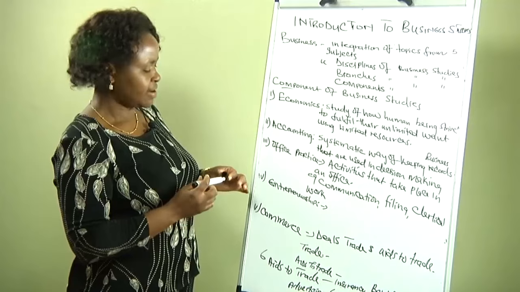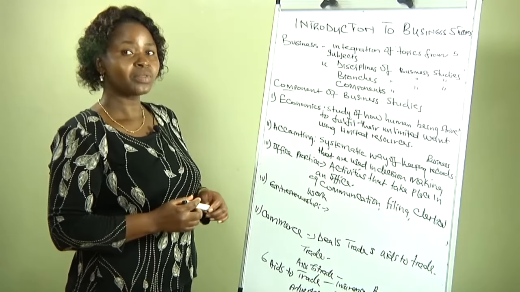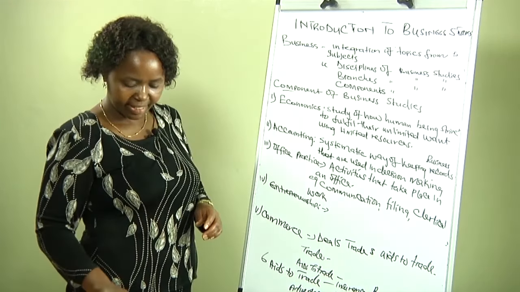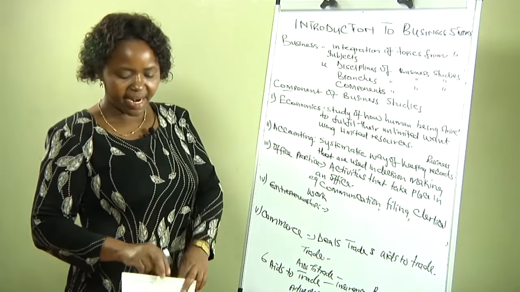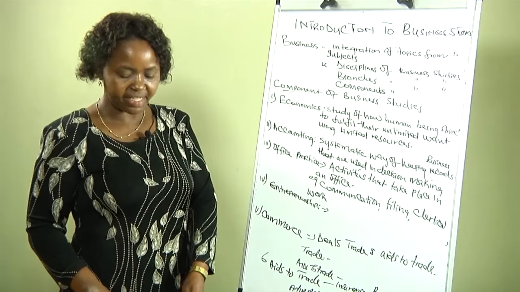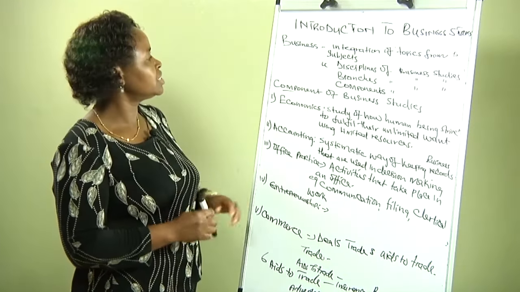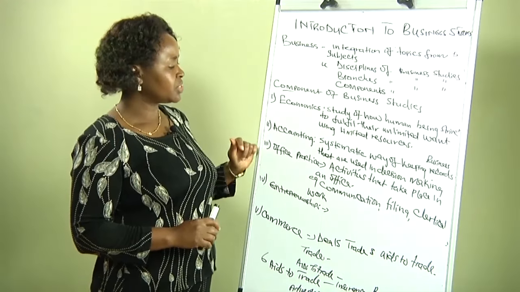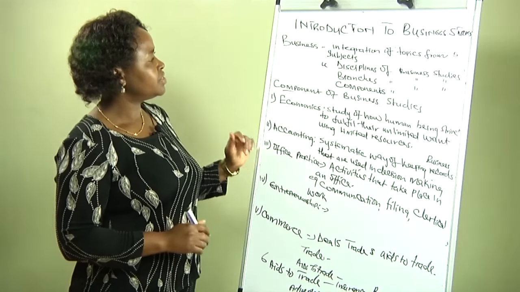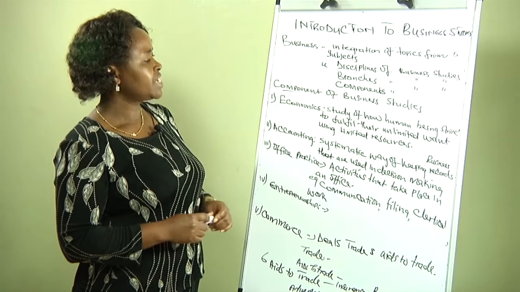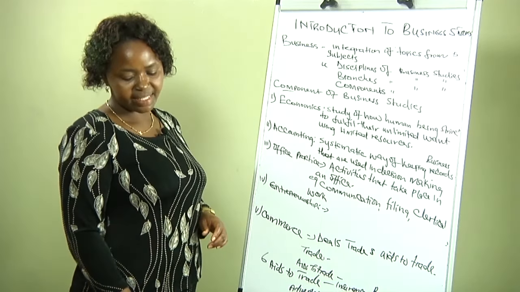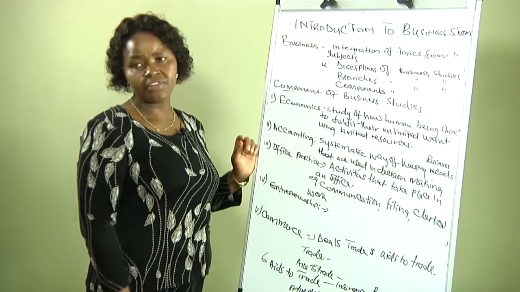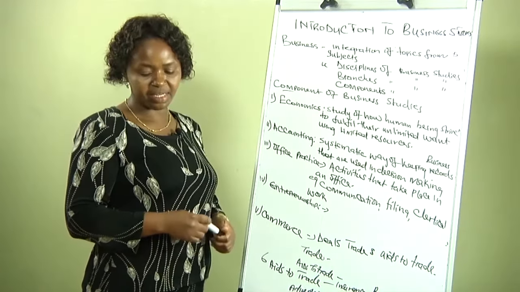So in our lesson today, we have learned that business studies is a field of activity that revolves around production, distribution, and consumption. And we have various branches of business studies, namely economics, accounting, office practice, entrepreneurship, and commerce.